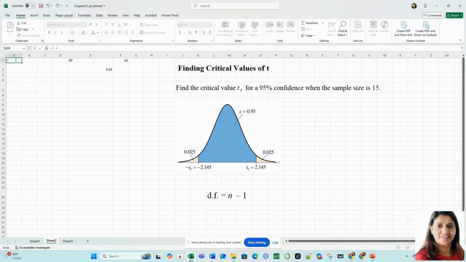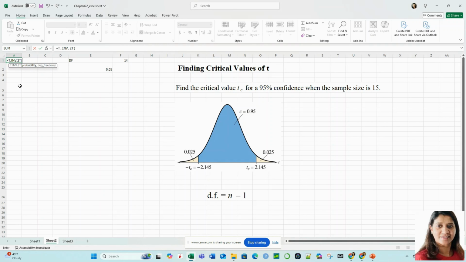Let's type equal, then type T dot dist. Then you will see the pop-up, and we have T.INV.2T. Here we are going to find the inverse of the t value corresponding to the total probability of both sides.